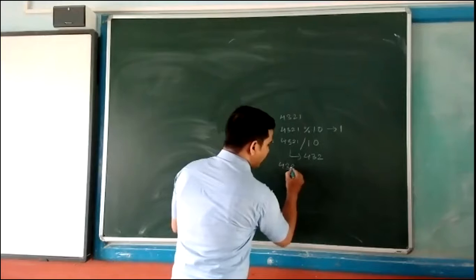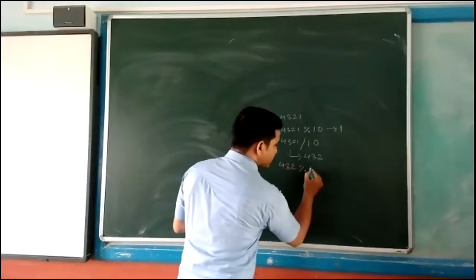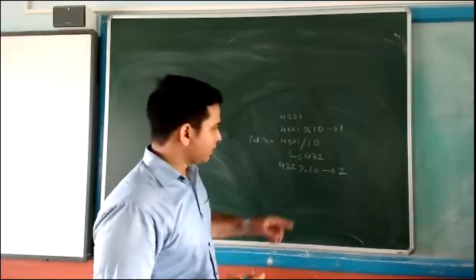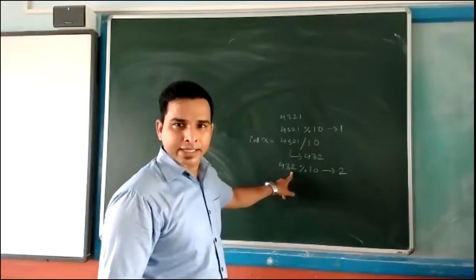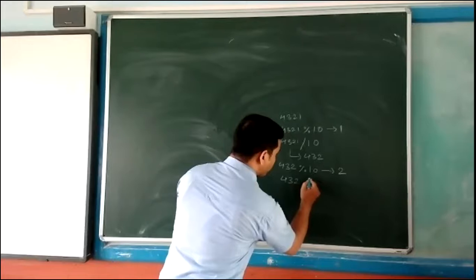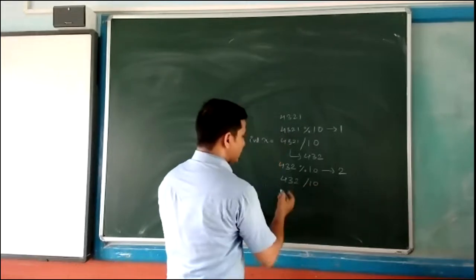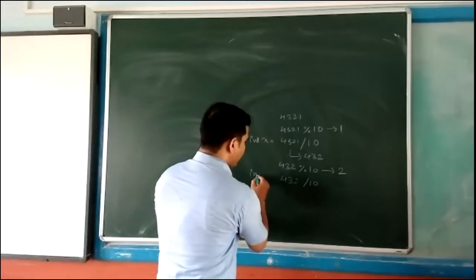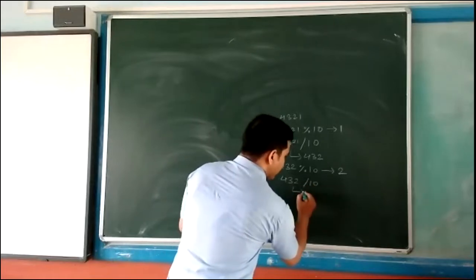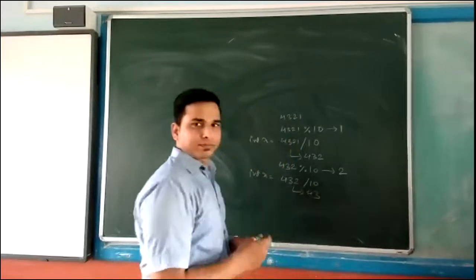Again, I will take 432 modulus 10. The remainder will be 2, which means the second last digit is separated. After that, I will divide 432 by 10 and store the answer in integer x. The remaining value is 43.